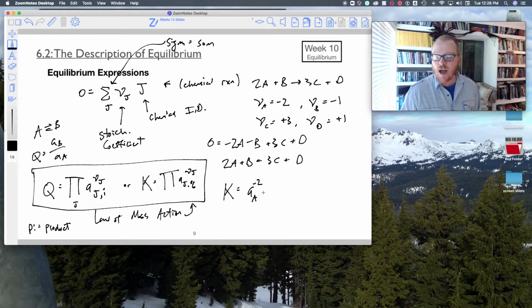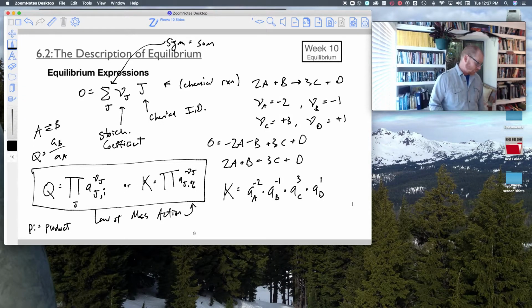And now it's not a sum, rather it's a product. So times the activity of B raised to its stoichiometric coefficient, times the activity of C raised to its stoichiometric coefficient, which is just +3 now, times the activity of D. And of course, that's going to be raised to the power of 1.